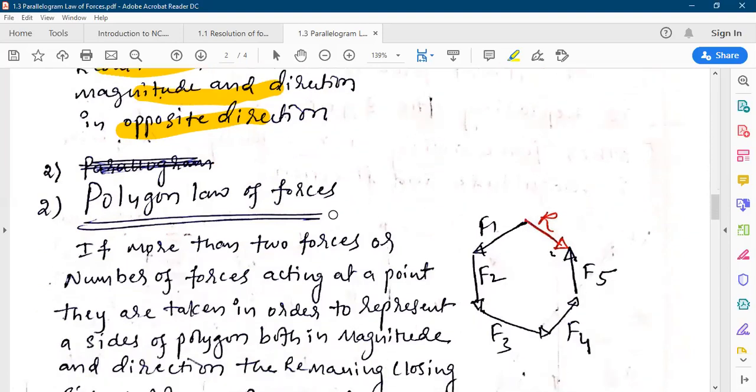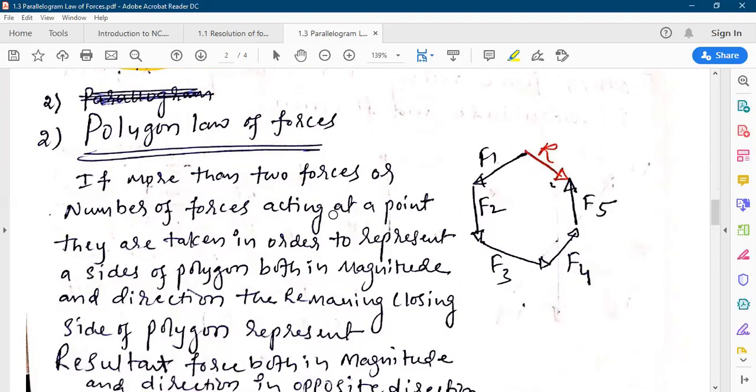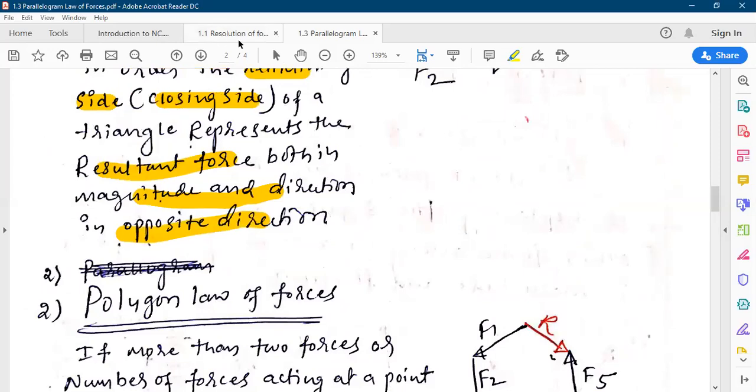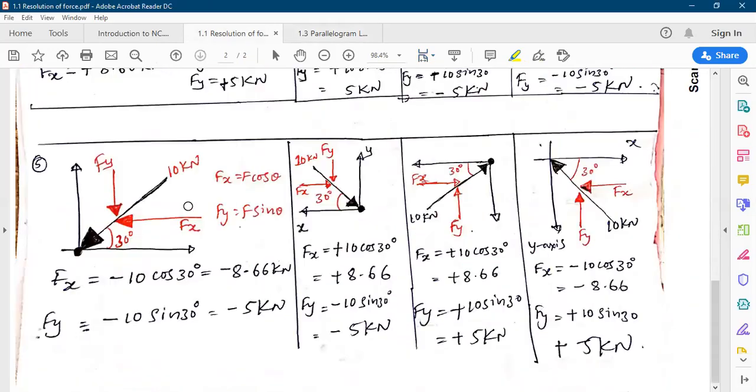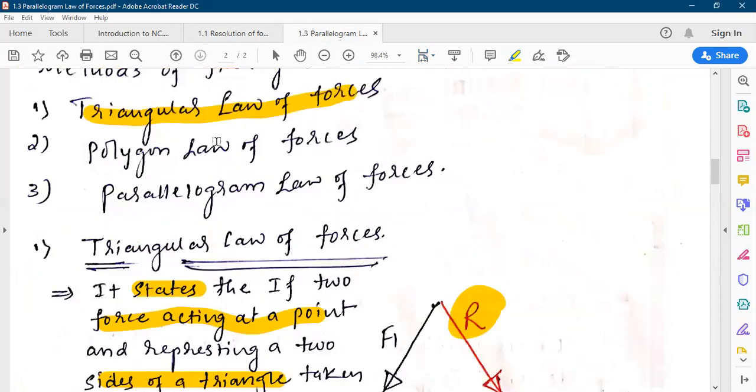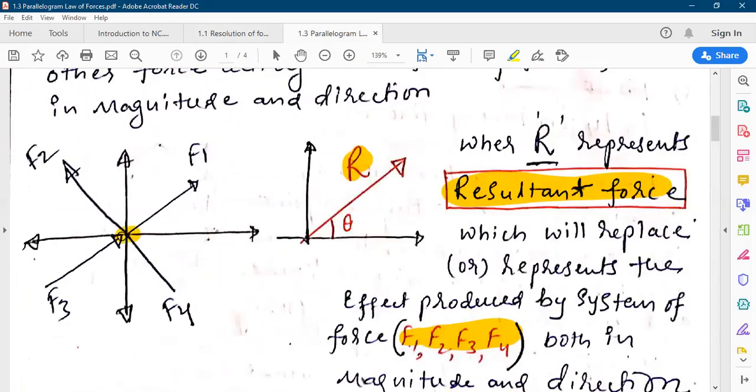Similarly, what is the polygon law of forces? If more than two forces, or a number of forces, are acting at a point simultaneously, like what you have seen in the resolution of force, like F1, F2, F3, F4, there may be one more force, F5.